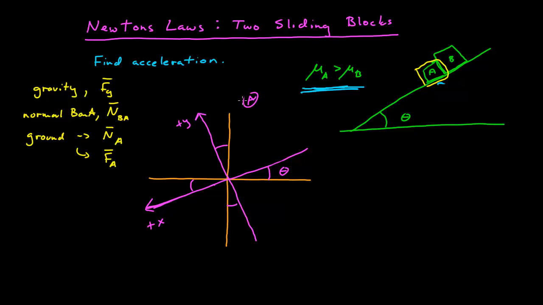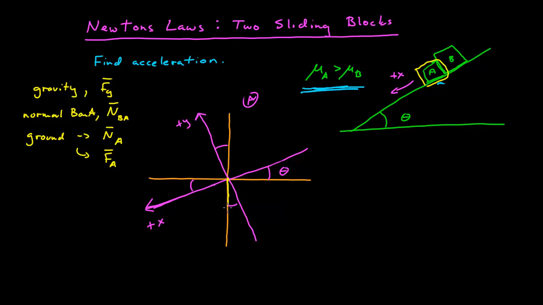Remember, this is for object A, and I'm going to put my positive x in this direction because that's the direction of motion, so my acceleration is going to be positive. The key, of course, is to put the x coordinate along the incline, along the direction of motion. The whole system is moving in the positive x direction. As long as all the motion is in one dimension, I want to make sure one of my axes is in that dimension.